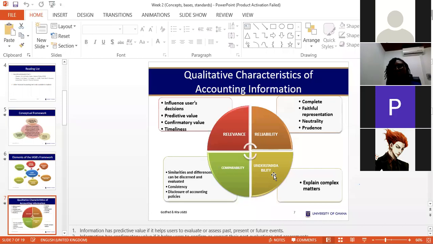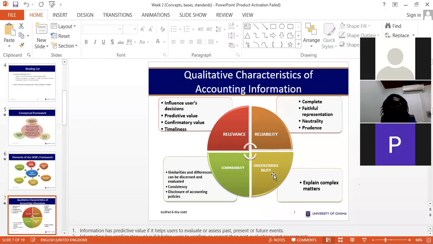And to be able to do that, the auditors, which are an aspect of the profession of accounting, go in there to do verification, to do a review of what management has presented, so that there can be a double assurance that whatever management has presented, the auditors have gone to the business and have also found the same thing and are reporting in line with what management has presented. So that is the faithful representation.